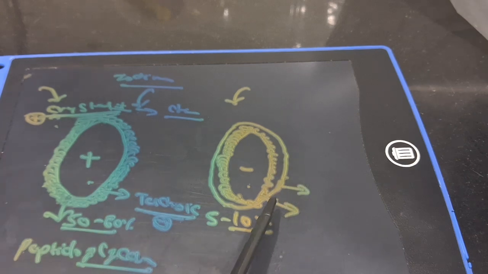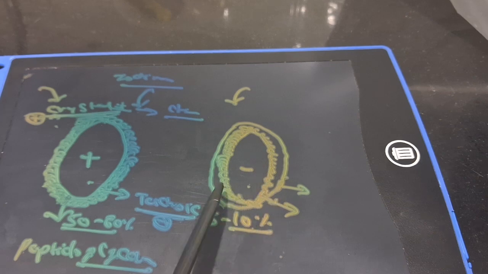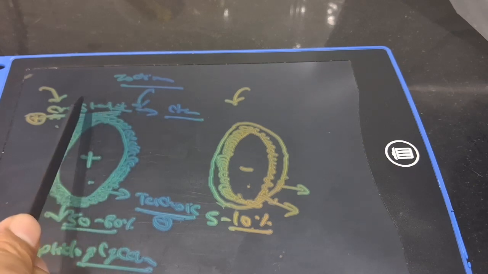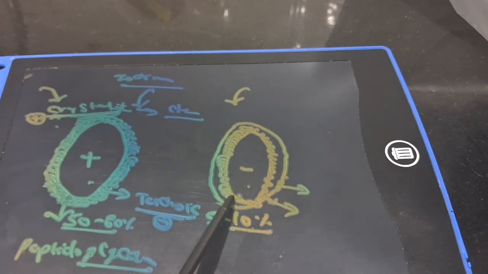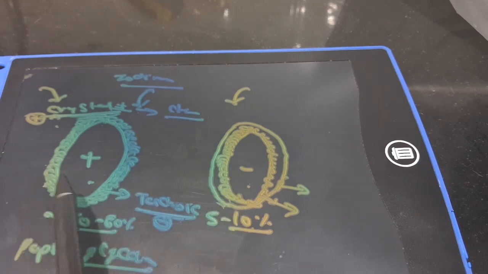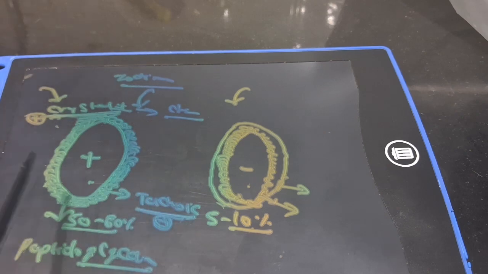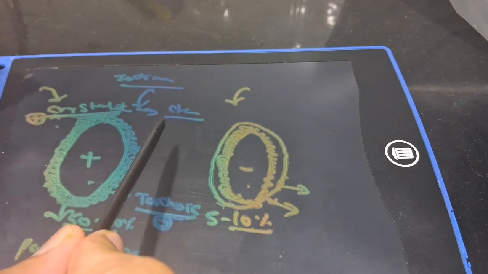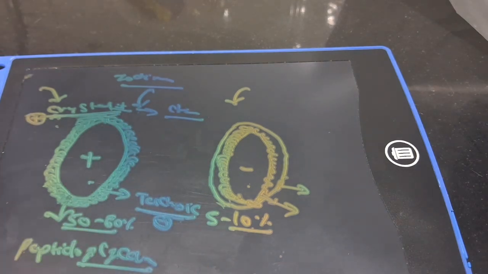But in gram negative, because of the outer membrane which works as a barrier, and also because of the thin layers of peptidoglycan, the bond of the crystal violet and Gram's iodine complex with the peptidoglycan will be very loose because they only have a few layers of peptidoglycan. But in gram positive, there are multiple layers of peptidoglycan, so that will be a very tight bond between the chemical complex and the peptidoglycan layers.